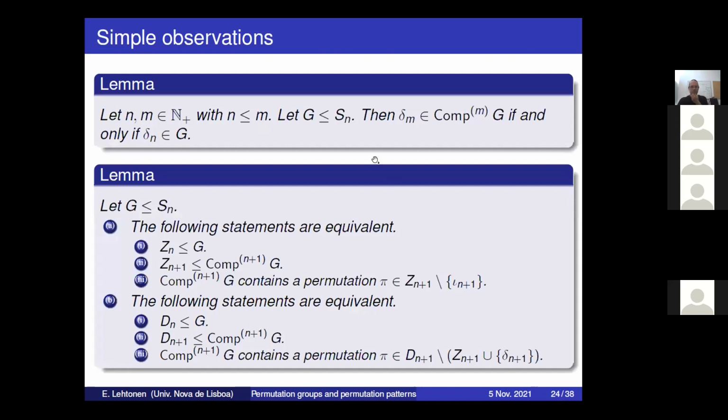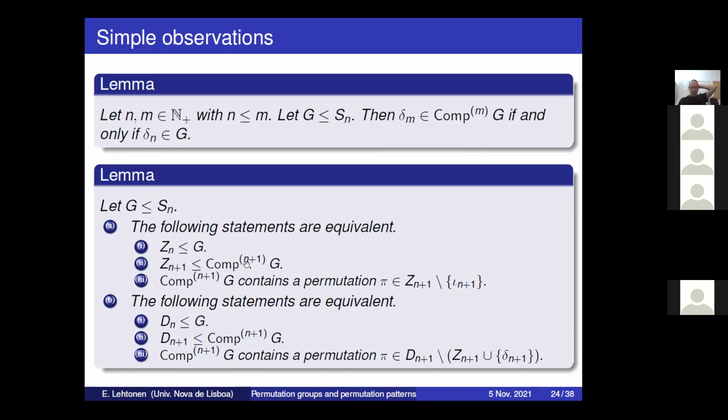So here are some lemmas concerning those easy, simple cases. If the group contains the descending permutation, this happens if and only if comp n contains the descending permutation. Here we basically get some results that if the group contains the natural cyclic group, then the compatible permutations must contain the natural cyclic group.